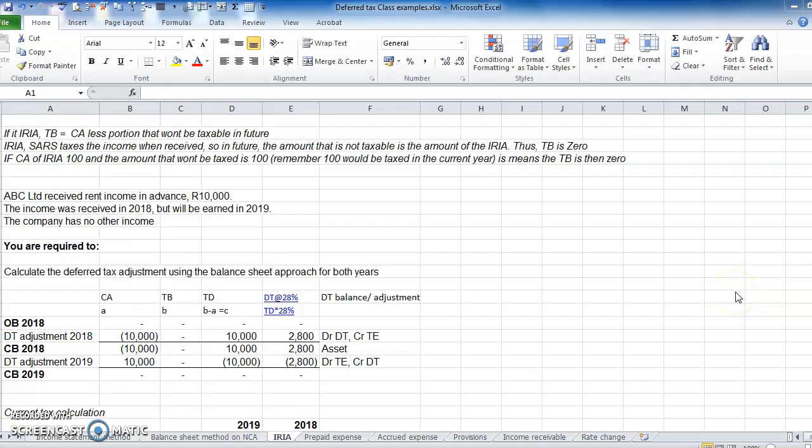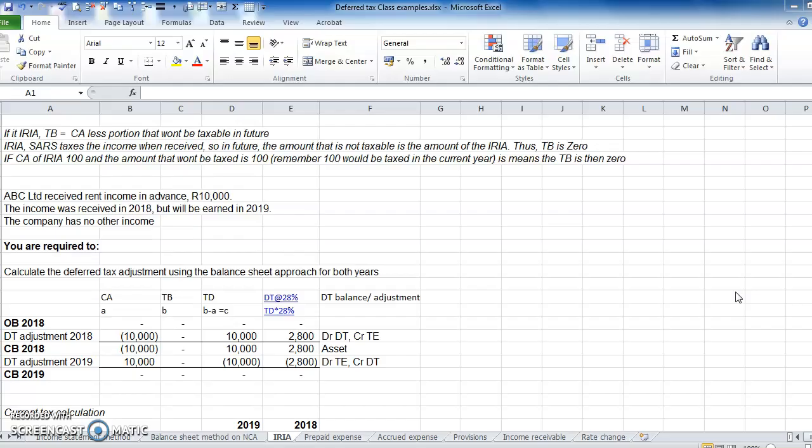Okay, so I found our class examples. So we'll start off with income received in advance. We will be calculating deferred tax adjustments, right, and our balances related to our income received in advance. So again, we'll be looking at the carrying amount of the liability, and then we're looking at the tax base, right?